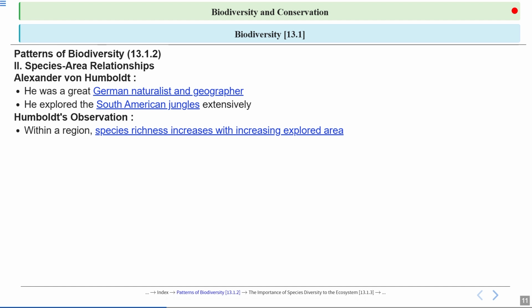If you are exploring more area, obviously the species richness will increase. But this species richness increases only up to a certain limit. It is increasing, but only up to a particular limit.